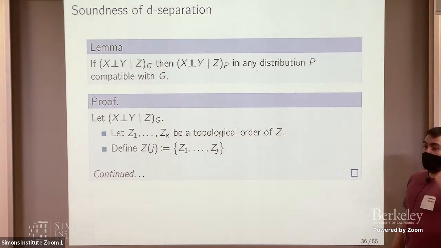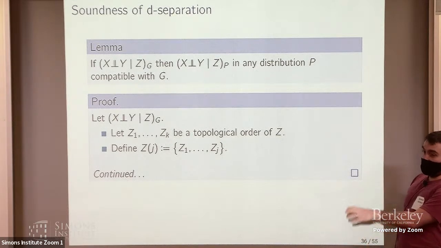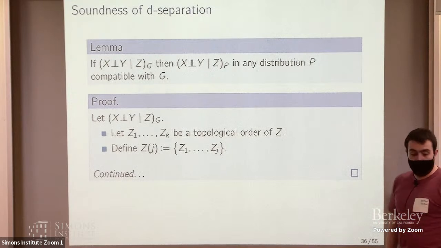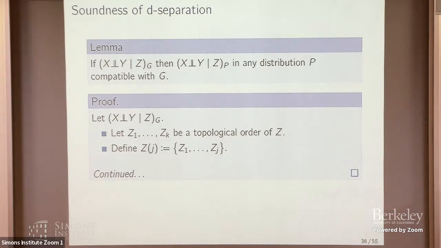And then we're going to argue that any distribution that was compatible with our original graph is also compatible with this new graph. And so any conditional independence in the new graph implies a conditional independence in the original graph. And to do this, we need a couple definitions and some setup.